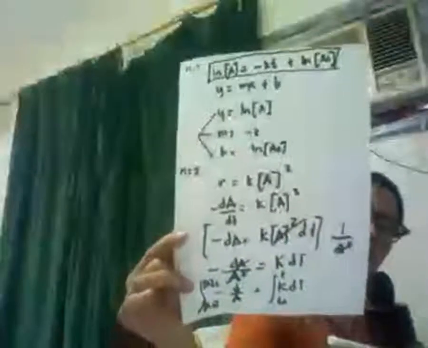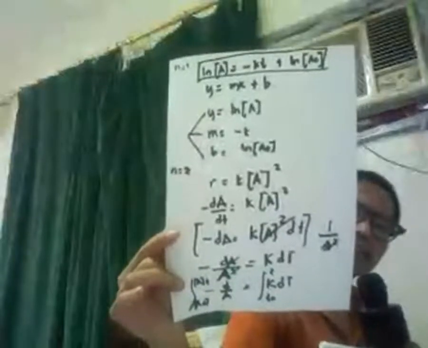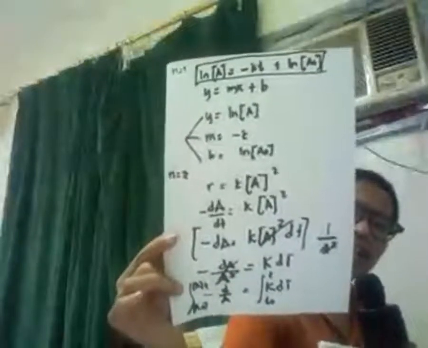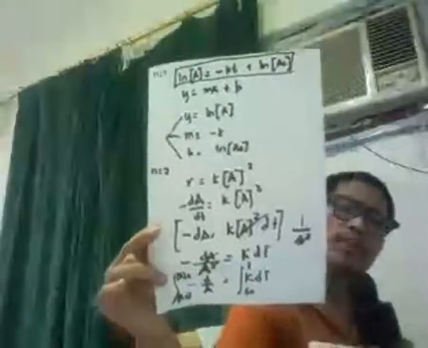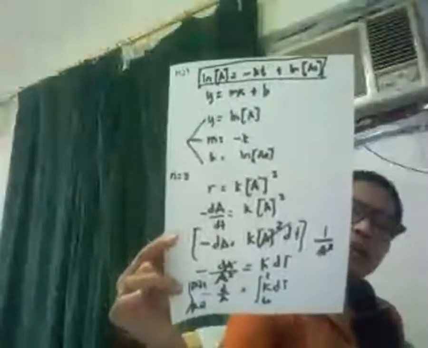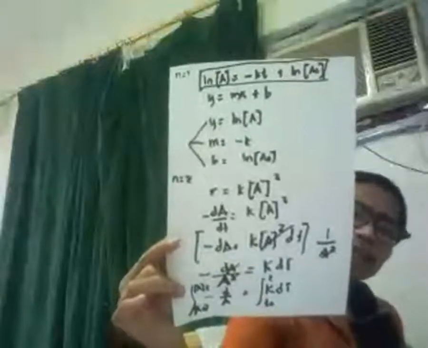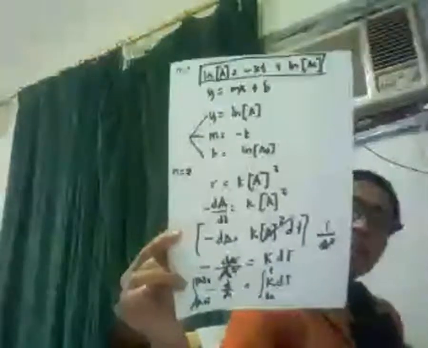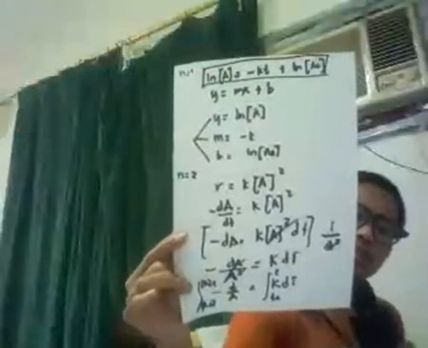Just take a look at the second order reaction. Very clear? The limits will be from the concentration A0, again the same, to At, and for the time, from t at 0 to t. Then do the integration, something like that.